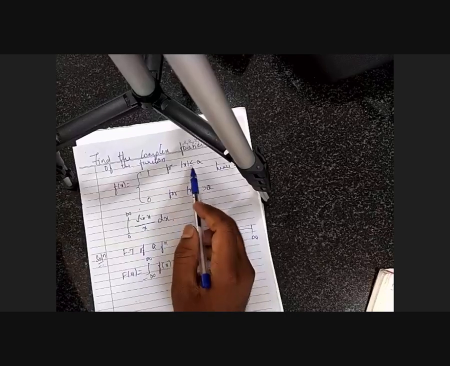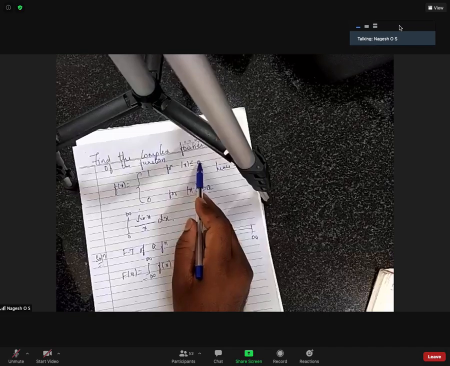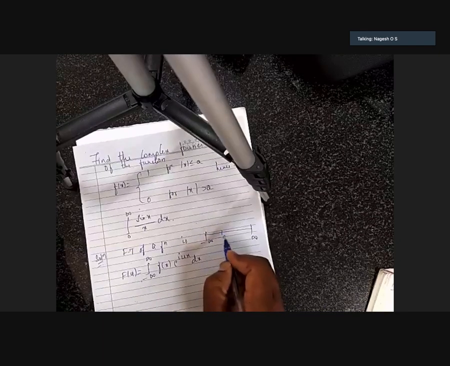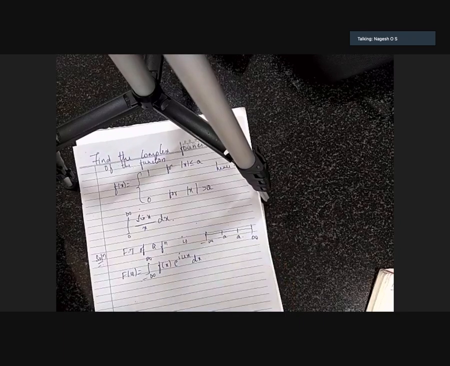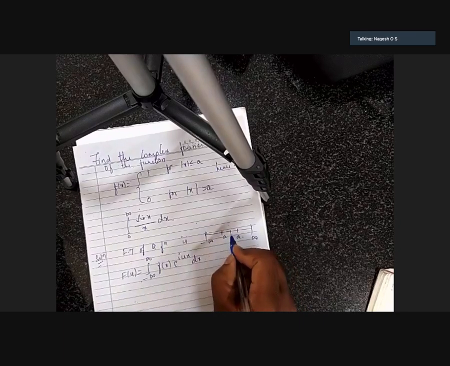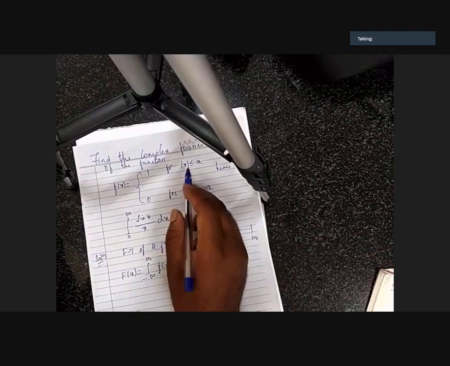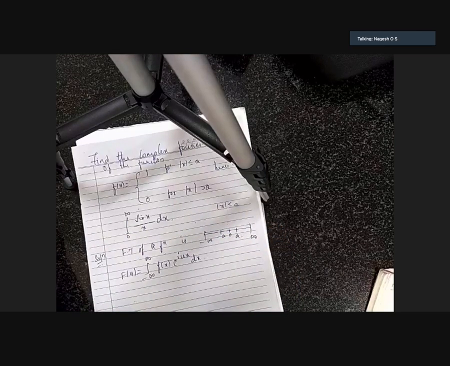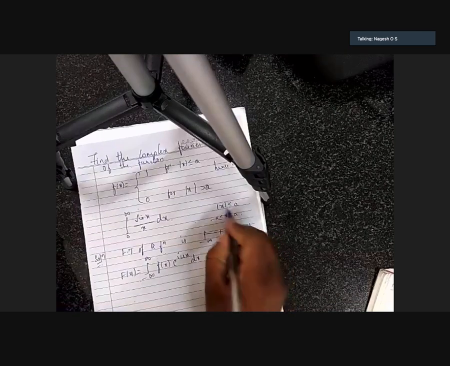What have they given in the problem? They are taking a as the reference point. So I will take this as minus a and this as a, and between minus and plus a, 0 will come. Next, in the first one, mod x less than or equal to a. What is the meaning of this? x lies between minus a and plus a.